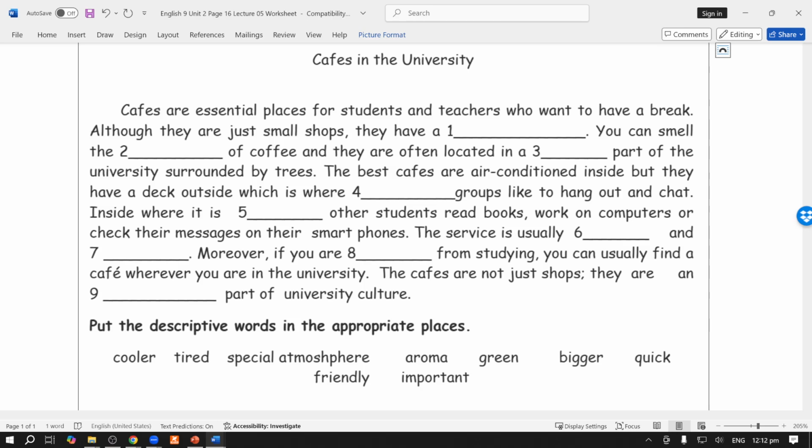Adjectives are considered the descriptive words which describe different things and objects, and they are the lifeblood of any descriptive writing. So I'm asking the teachers, the instructors of the schools, kindly let your students do this activity. All the students have to read this passage and then insert the appropriate descriptive word in the places.